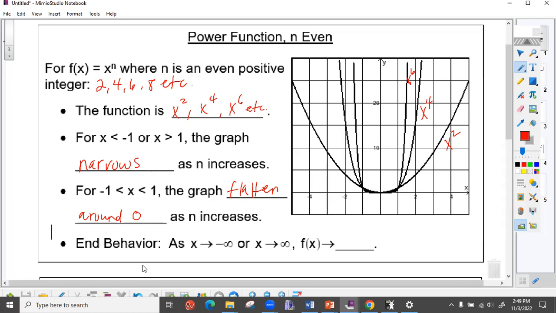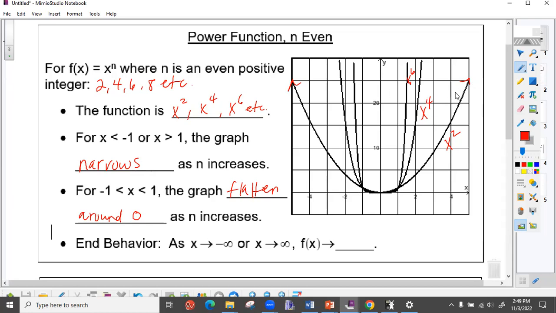Now the end behavior. We talked about end behavior before and types of symmetry. With an even function, what type of symmetry does it have? Even symmetry, which means they're going to be doing the same behavior. When we're looking at the graph, as x goes forever to negative infinity and forever to positive infinity, what are our y values doing?